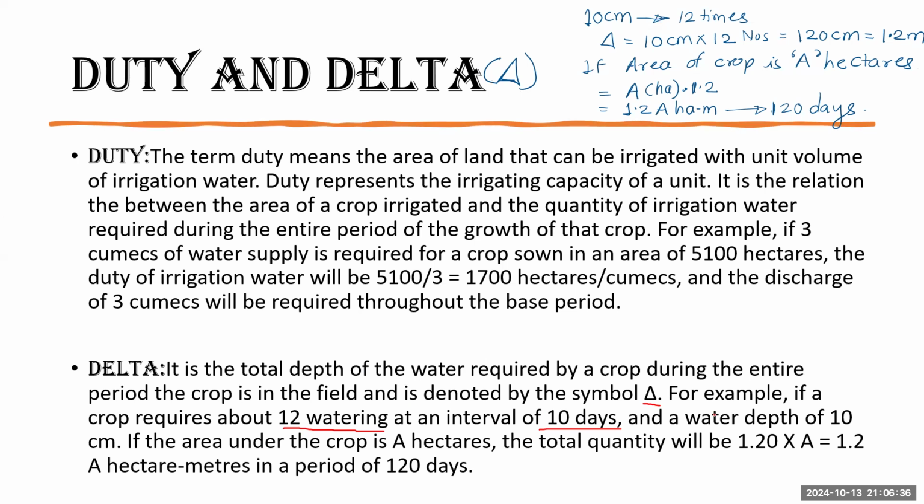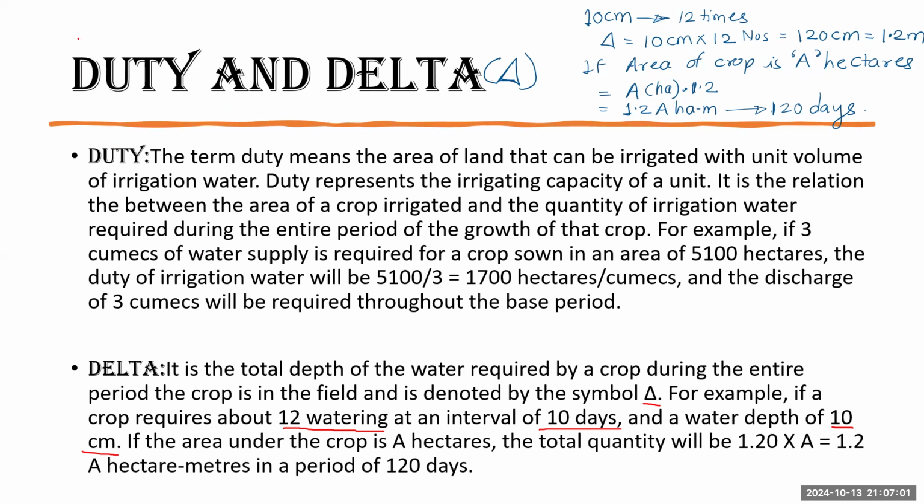And what is DW? A water depth of 10 centimeters. That is called DW. Just now we have solved problems on calculation of frequency of watering and calculation of depth of water for each watering. So the depth of water for each watering is 10 centimeters, and such 12 waterings are required.